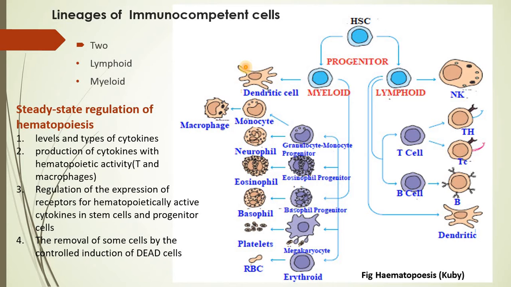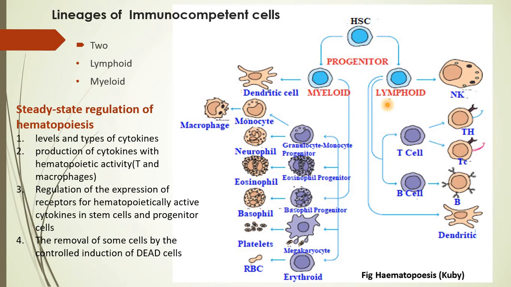The stromal tissue of this bone marrow contains a large amount of stromal mass consisting of fibroblasts, mast cells, macrophages, or you can say different types of cytokines, or you can call them the proteins which are essential for development of immunocompetent cells. These additional components present in the stromal tissue provide a microenvironment wherein the hematopoietic stem cell can get differentiated into the myeloid as well as the lymphoid type of tissue.